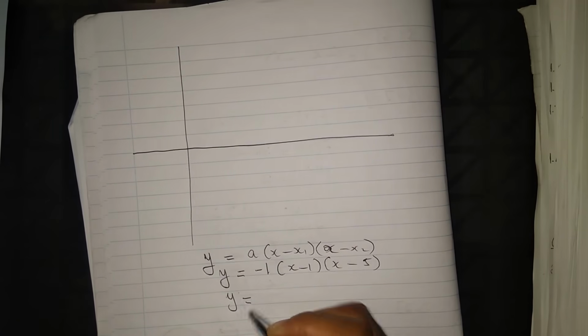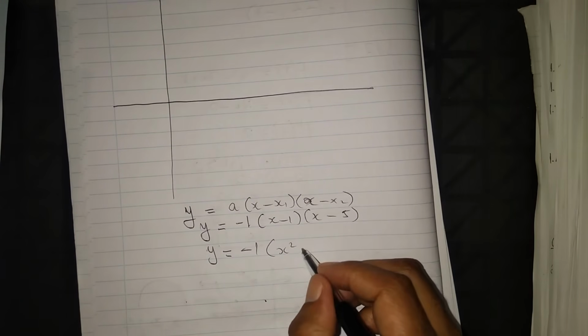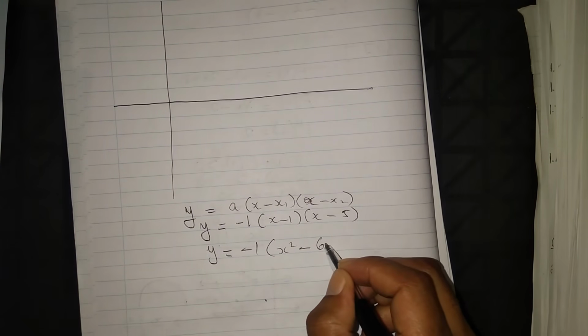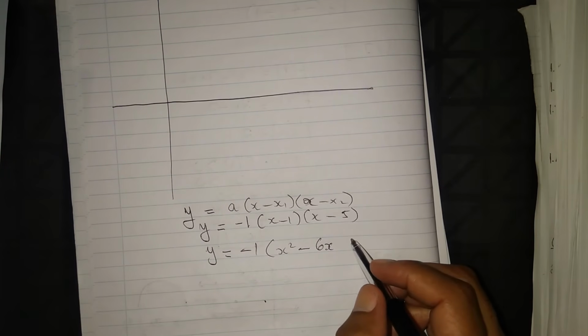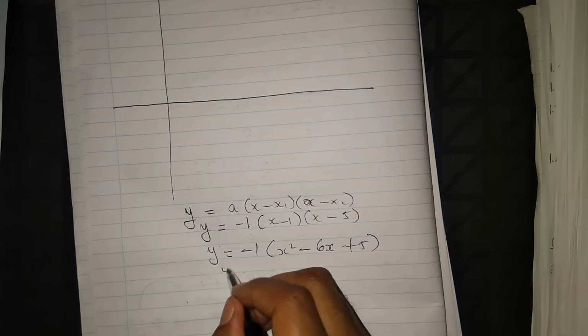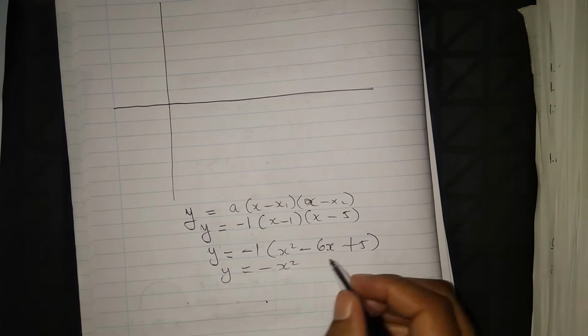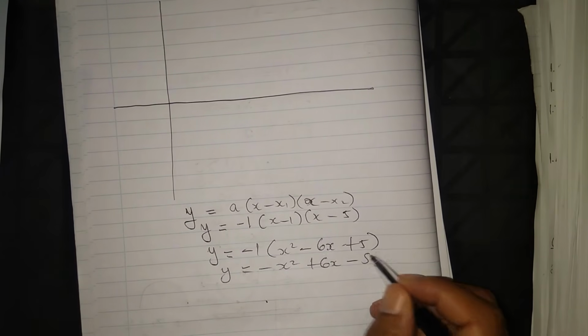So it's y equal to -1(x squared minus 6x plus 5). So y is equal to minus x squared plus 6x minus 5.